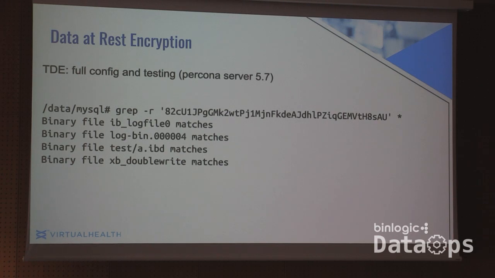Interesting enough, it's not in the IB data file, which I expected to be stored there as well for undo. But anyway, we have those 4 files here. So MySQL may store data 4 times, 5 times, something like that.